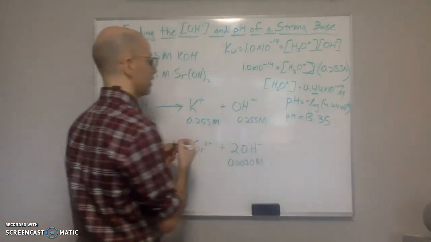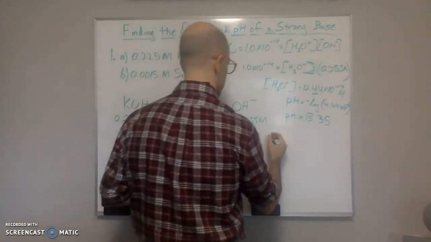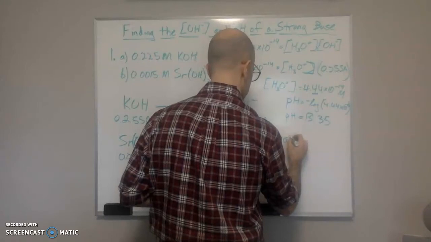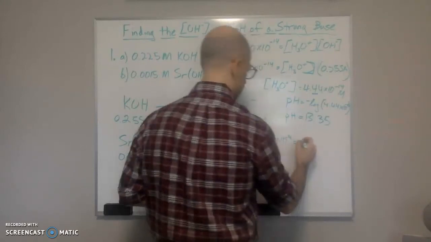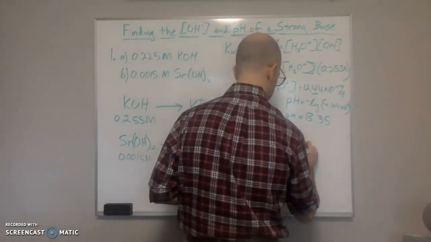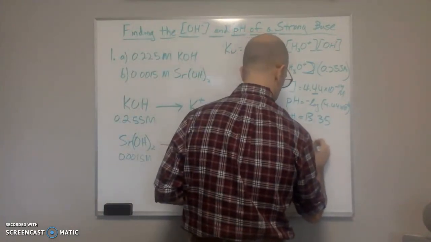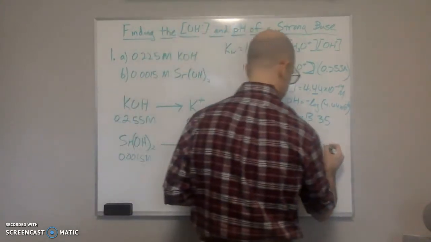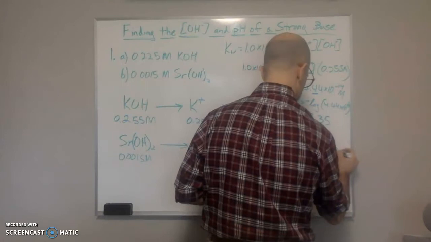We're going to take the equation here again. So 1.0 times 10 to the negative 14 is going to be equal to the H3O plus concentration multiplied by 0.0030.